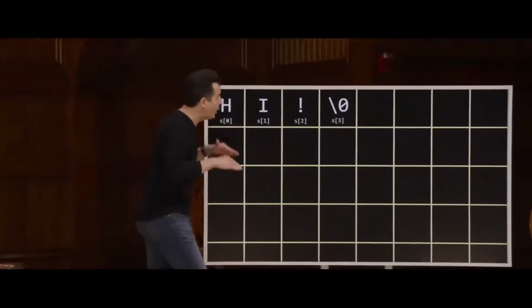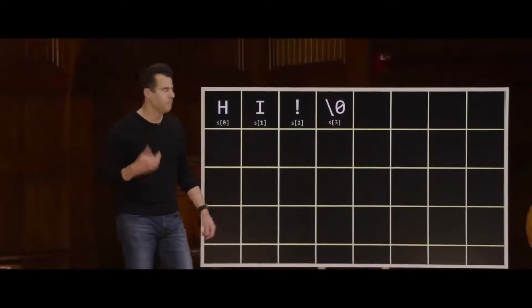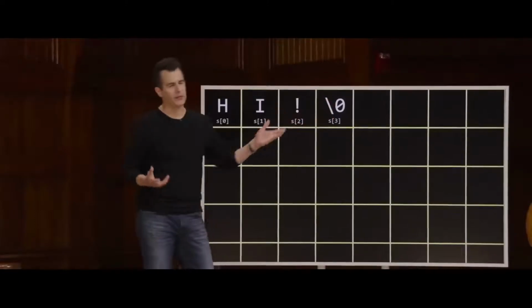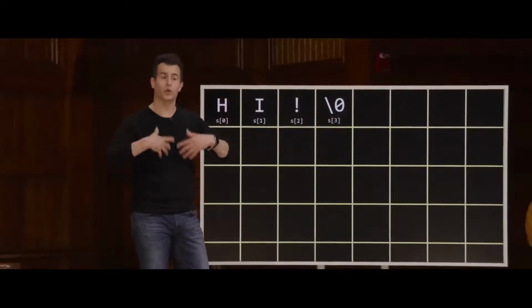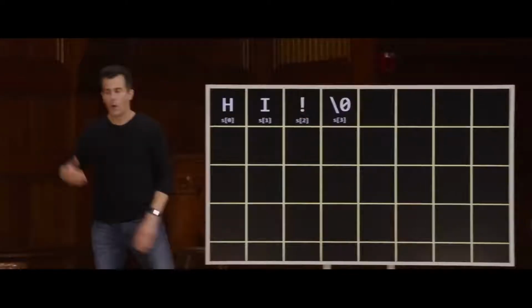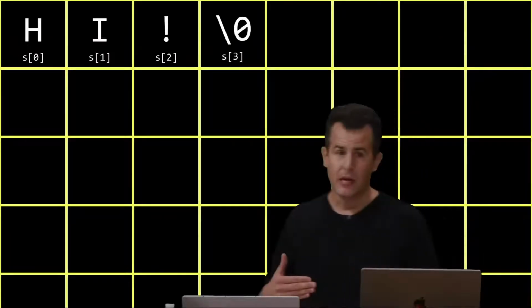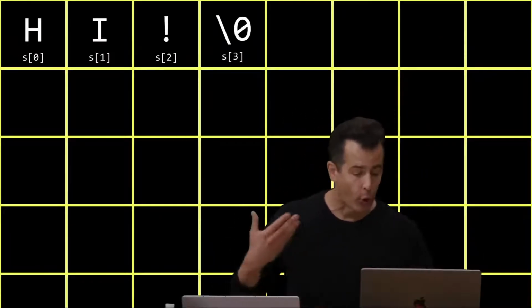Why? Because C automatically adds this special 0 at the end of the string. I've drawn it as \0 because this is how you represent 0 as a char, as a character. But this is literally just 0, as we'll soon see. So anytime there's a string in memory, it always takes up 1 more byte than you yourself as the programmer or human typed in.